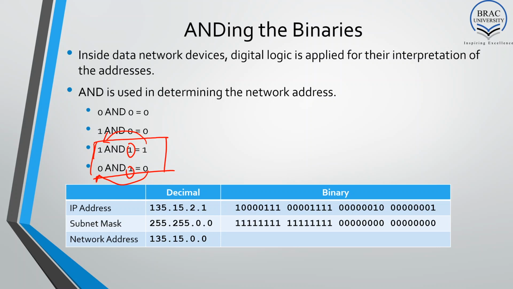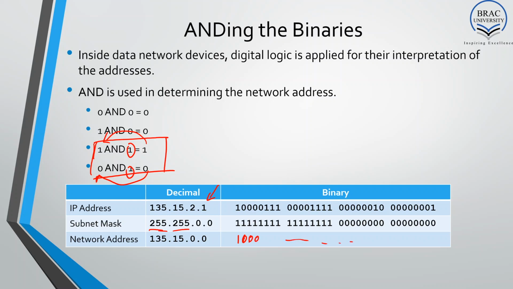So this is the IP address that it's trying to visit, 135.15.2.1, but the router is like, I don't care which host you're going to, just tell me which network you're going to. The subnet mask is here. The router is like, I need to take care of the bits that have 1. So 255.255 means the subnet mask bits are 1. 1 and 1, if you AND them, is 1. 0 and 1, you AND them, it's 0.